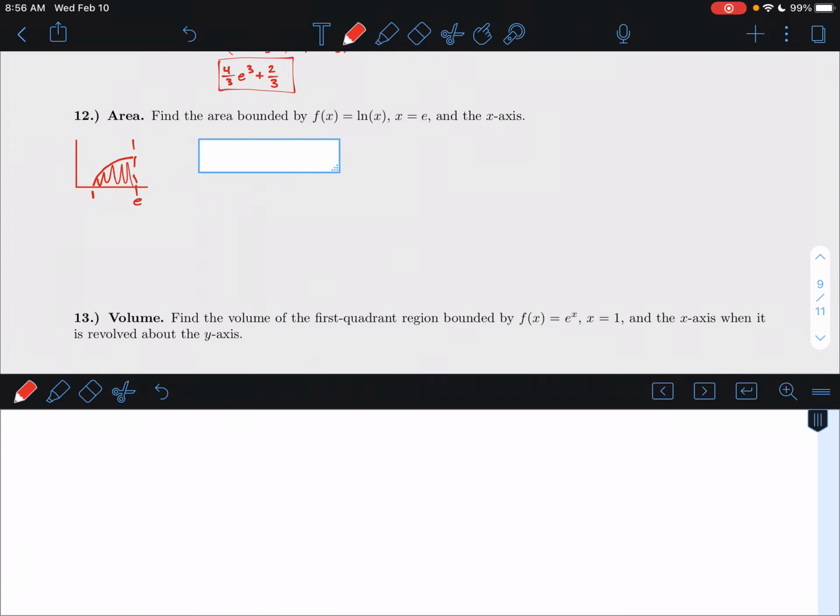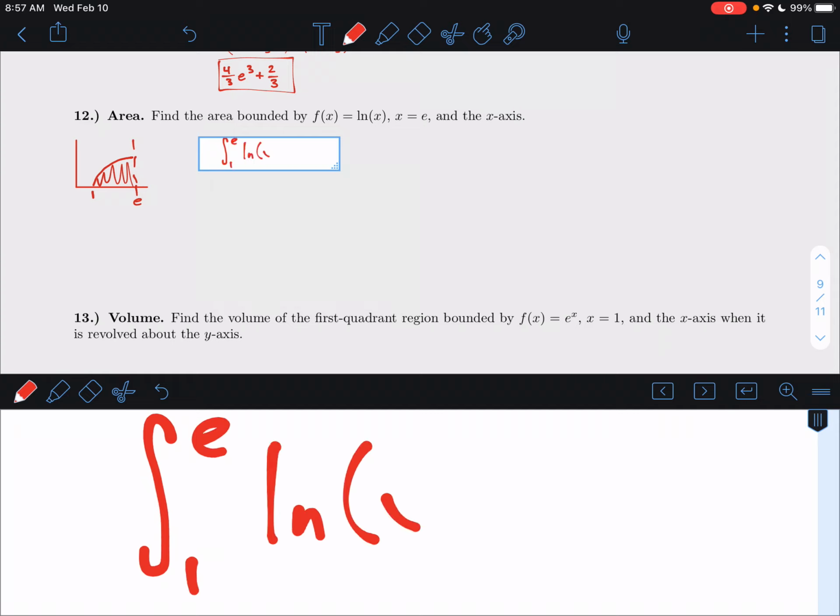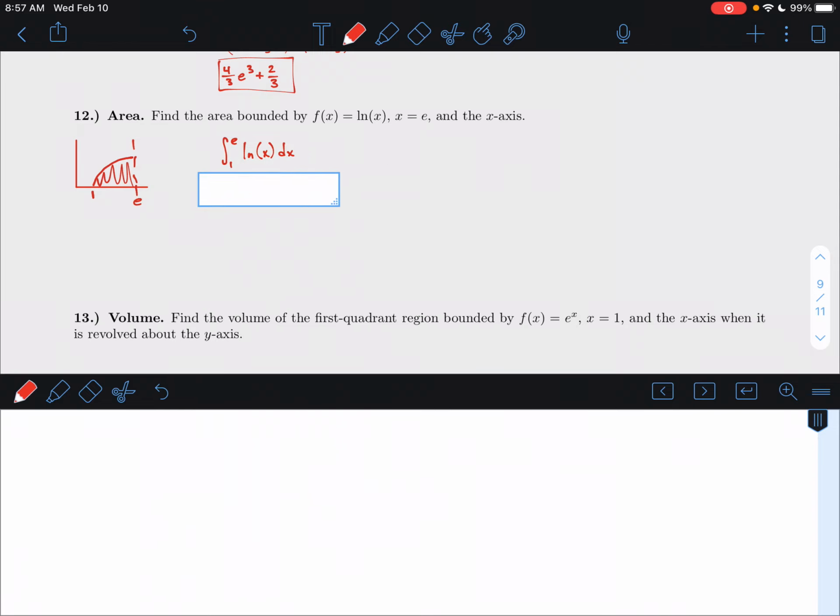So that would just be the integral from 1 to e of the natural log of x dx. So let's see.